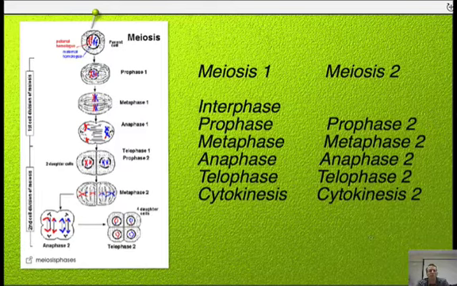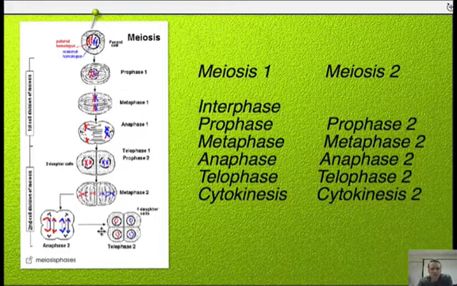So that's a big difference: meiosis divides twice, whereas mitosis only divides once. And as you can see here, it goes through prophase all the way to telophase 1, and then it starts with prophase 2, and it ends with cytokinesis, telophase 2, where you get the 4 daughter cells, those 4 haploid cells with half the number of chromosomes.